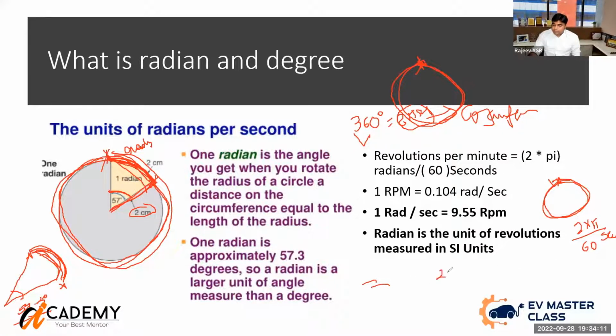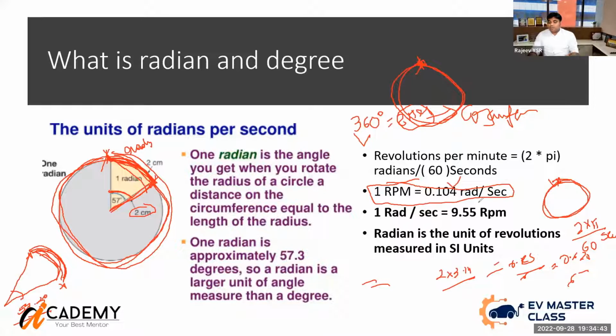So 2 times 3.14 divided by 60 is 6.28 divided by 60, that is 0.628 divided by 6, which is basically 0.10 radians per second. This is how you convert the angular motion into radian motion. So 1 revolution per minute is nothing but 0.10 radians per second.